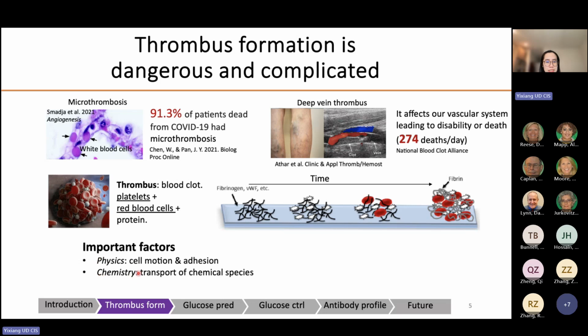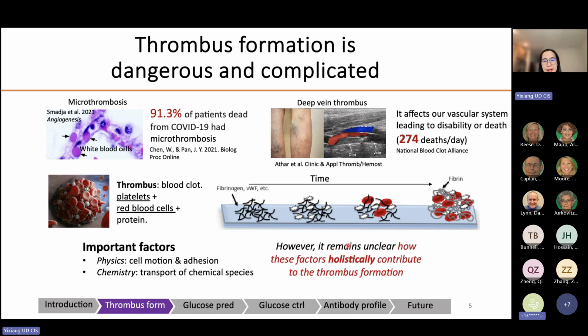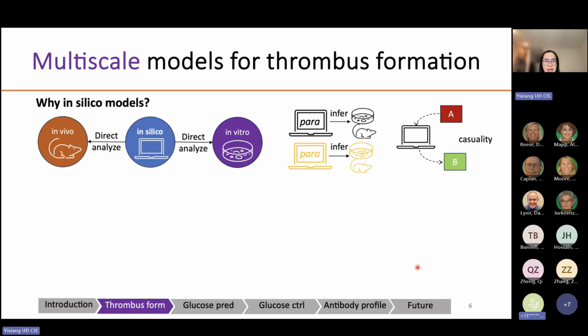Another important factor is the chemical factor, which is responsible for the transport of chemical species that allow the aggregation of these proteins and cells. However, it remains unclear how these factors holistically contribute to the thrombus formation. And that's my motivation for designing multiscale modeling for this.